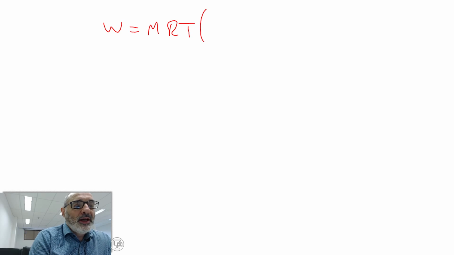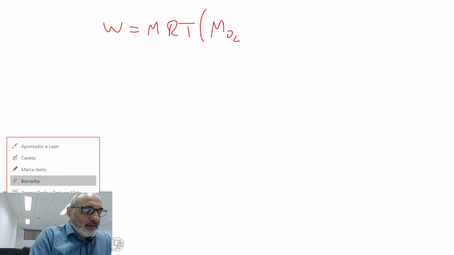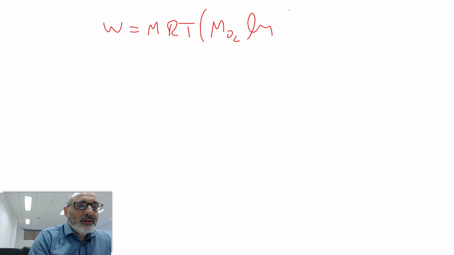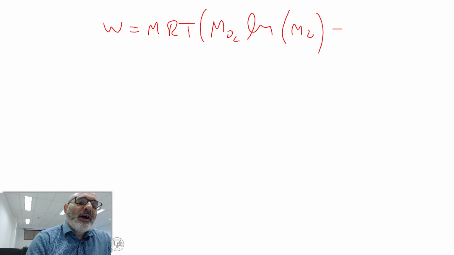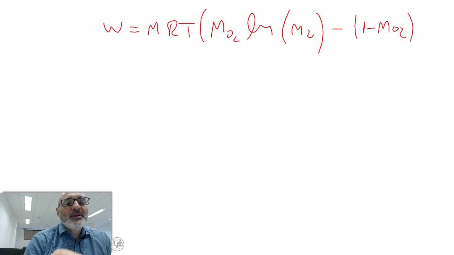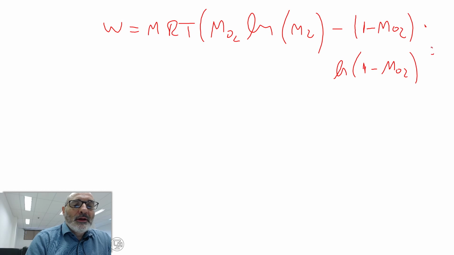Let's suppose that you have only two components. So you have oxygen, O2, x_O2 ln x_O2, minus, and now instead of writing the concentration of nitrogen, I'm going to write 1 minus x_O2, because 1 minus x_O2 is the concentration of nitrogen, times the natural logarithm of 1 minus x_O2.